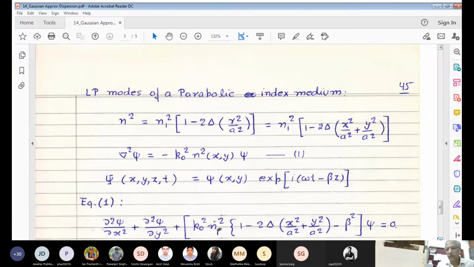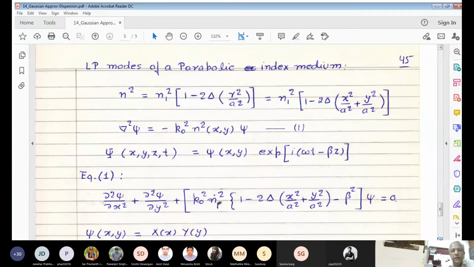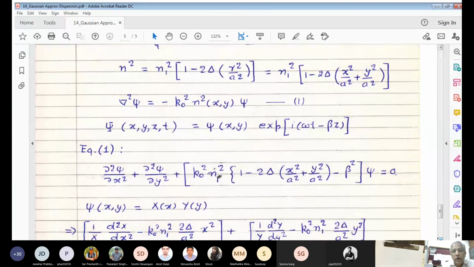So just to have an idea how the propagation constant looks like, how the group velocities look like, I would consider this infinitely extended medium. Why? Because in this case we have an analytical solution of the wave equation, and I would again consider the LP modes, linearly polarized modes, which means I would be considering the solution of a scalar wave equation.